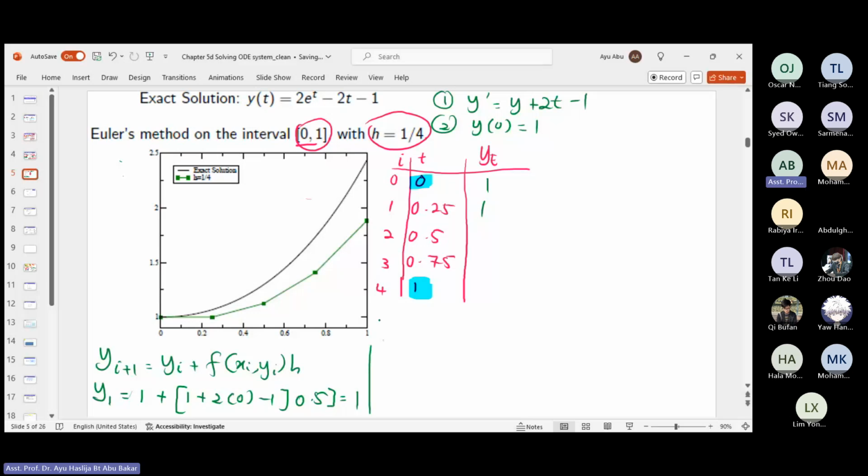Okay, y2 using the previous value y1, which is 1 plus 1 plus 2, 0.25 now. Okay, 0.25 minus 1 multiplied by h, 0.25.